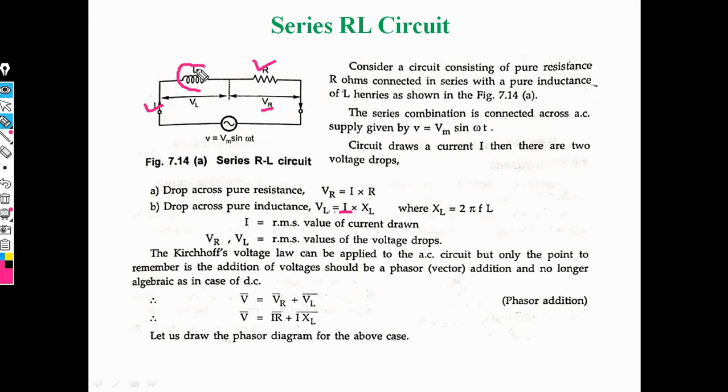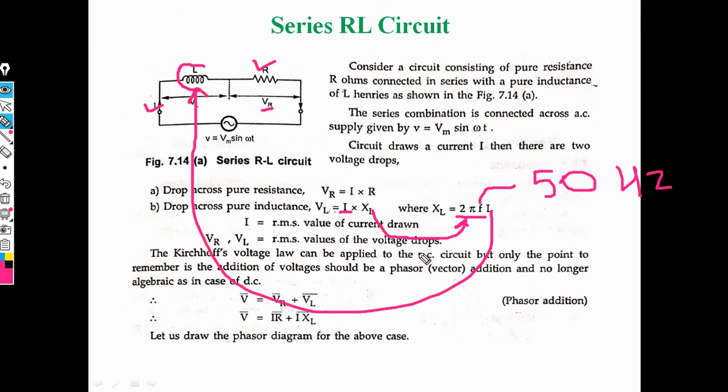XL is equal to 2 pi F L, where F is the frequency, which for a single phase AC circuit is 50 Hz, and L is the inductance, already given in this circuit. Now this is the voltage drop across the pure resistance and the pure inductance.